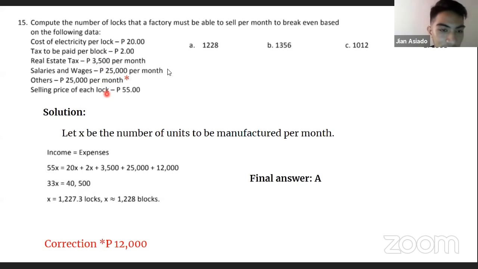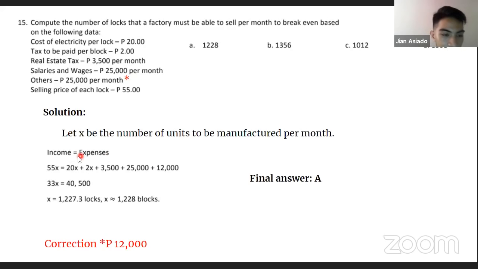Lahat ng block dyan ay lock dapat. So, the cost of electricity per lock is 20 pesos. Also, this one per lock. So, itong dalawa, and also the selling price, yun yung dependent sa lock. And let X be the number of units to be manufactured per month.